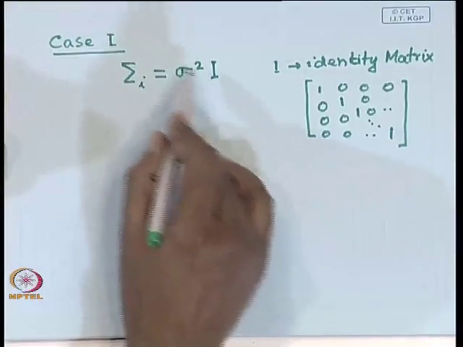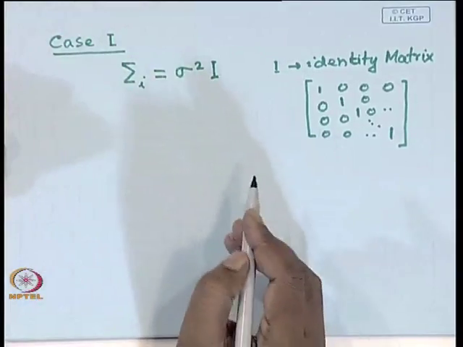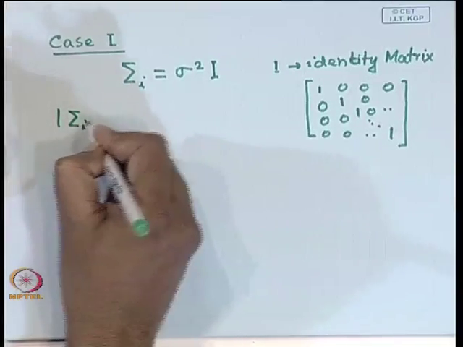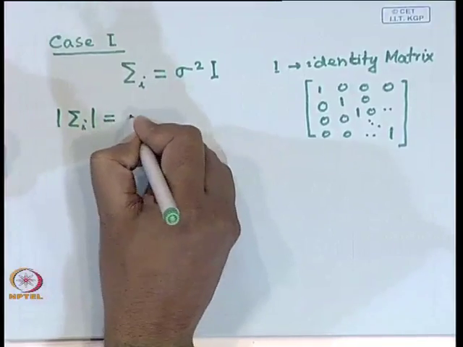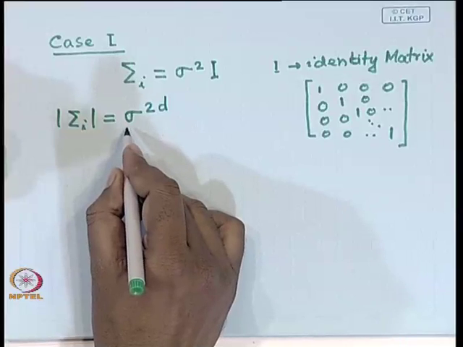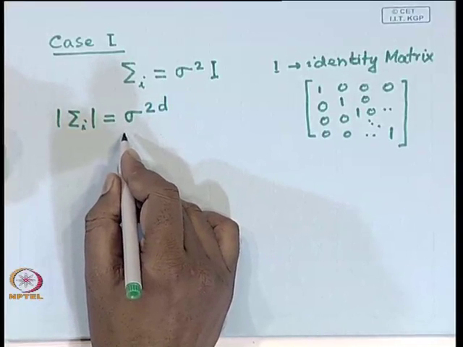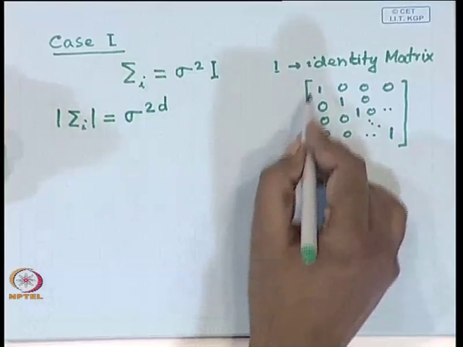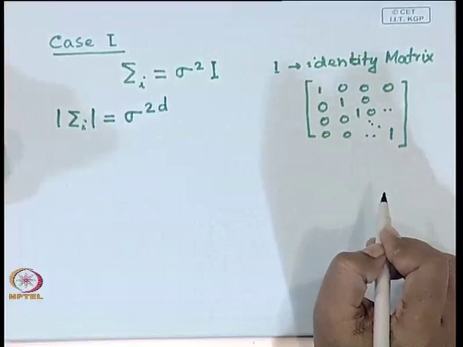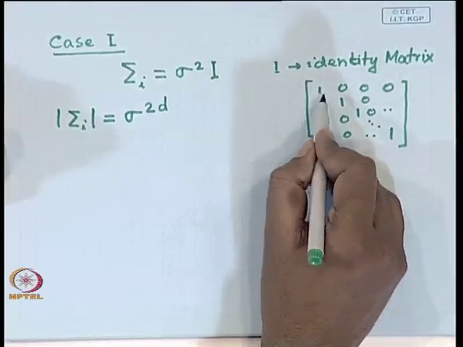Now, if the covariance matrix is like this, then the determinant of Σ_i, for every class, is nothing but σ to the power 2d, where this lowercase σ is the standard deviation of the independent components. It is simply because I have a d by d dimensional identity matrix multiplied by σ².